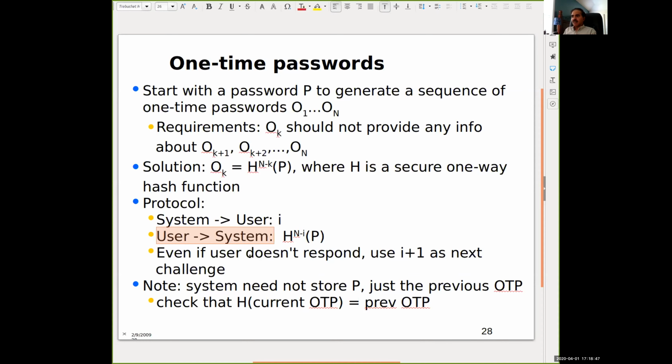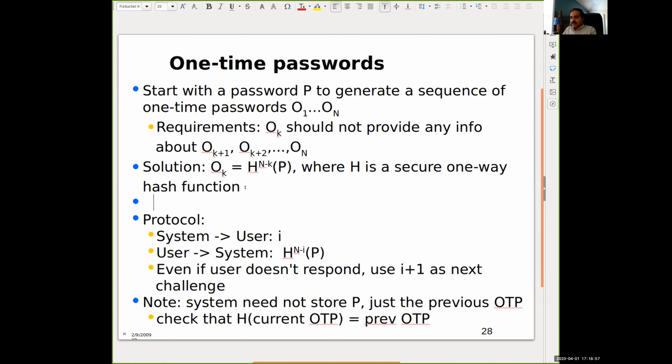H1 of P is nothing but H of P, right? H2 of P is nothing but H of H of P, and so on, right? So H to the power n means you apply the hash function repeatedly n times.